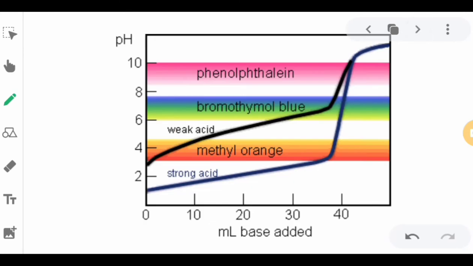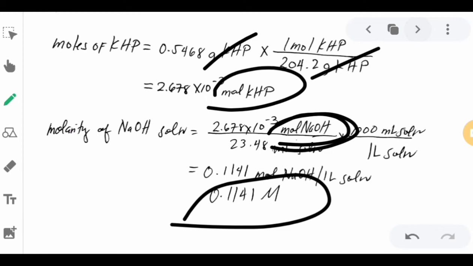That is why you have this value: 2.678 times 10 raised to negative 3 mole of potassium hydrogen phthalate is equivalent to 2.678 times 10 raised to negative 3 moles of sodium hydroxide. This is based on the solution, not the pure form of the NaOH, rather the solution.